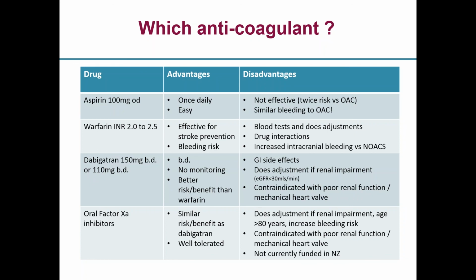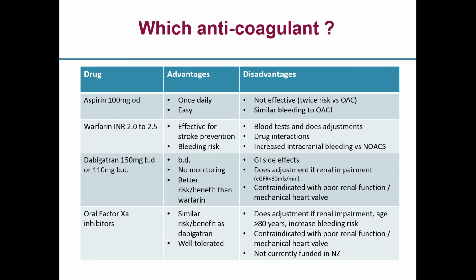In the trials, they didn't use the novel anticoagulants below an eGFR of 30, but in the patients with an eGFR above 30, or 30 to 50, which is moderately poor renal function, the bleeding risks were actually lower on the novel anticoagulants than on warfarin. So warfarin, even though people say we've got to use warfarin when the renal function is bad, is actually not a great idea.